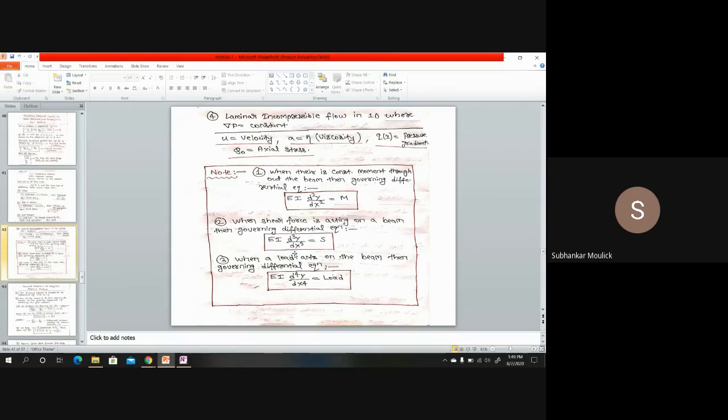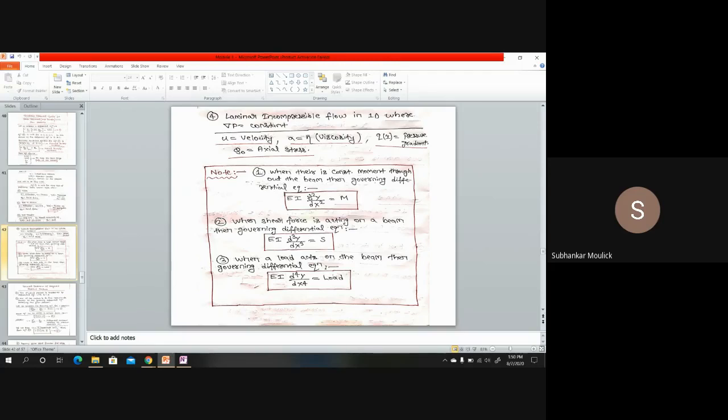Sometimes in the problem the differential equation can be given to you, sometimes it may not be given to you. For example, I know that if I have any beam and that beam deflects, that deflection phenomenon follows some governing differential equation. I already know, I have studied it in strength of materials, and that differential equation is EI d2y by dx square equal to M. So in that case you have to use this formula, because this is a common formula.